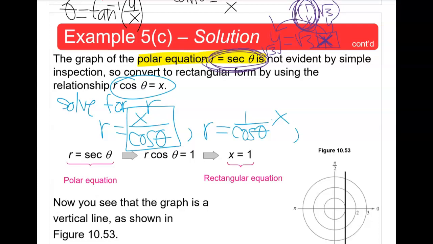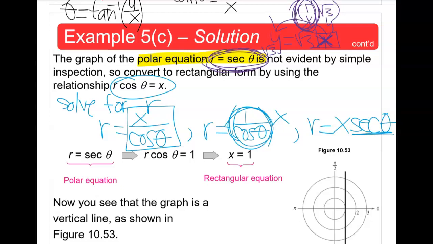Well, that 1 over cosine theta just happens to be the same as secant theta times x, or we could just put the x on the front so it looks a little nicer. So r is equal to x times secant theta.